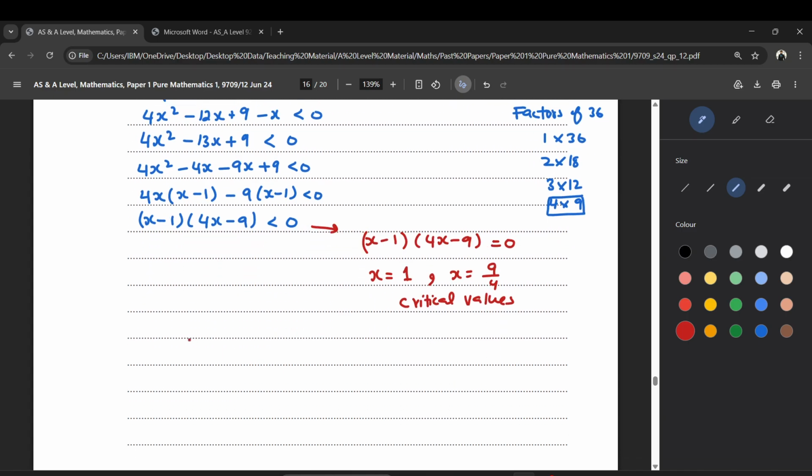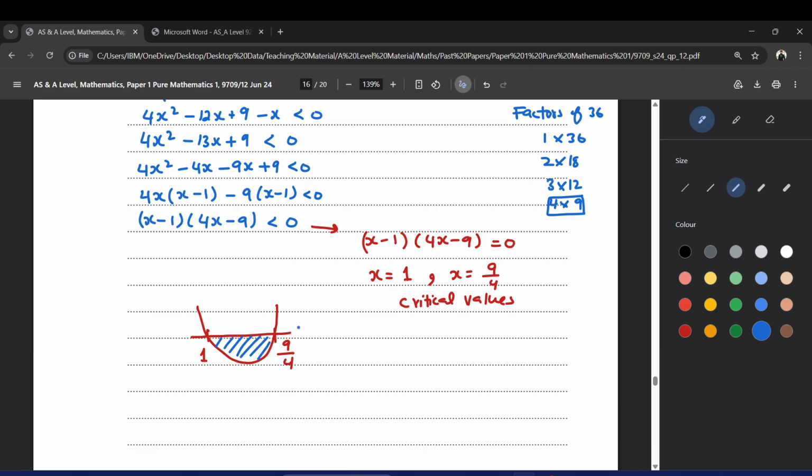Now I'm going to draw the x-axis. Okay, we'll draw a sketch. So this is the question related to quadratics. Okay, so on left hand side we can have 1, and on the right hand side we have 9 upon 4. So my function is less than 0. Okay, at which part of the curve? So less than 0, y is going to be less than 0 between these two values.